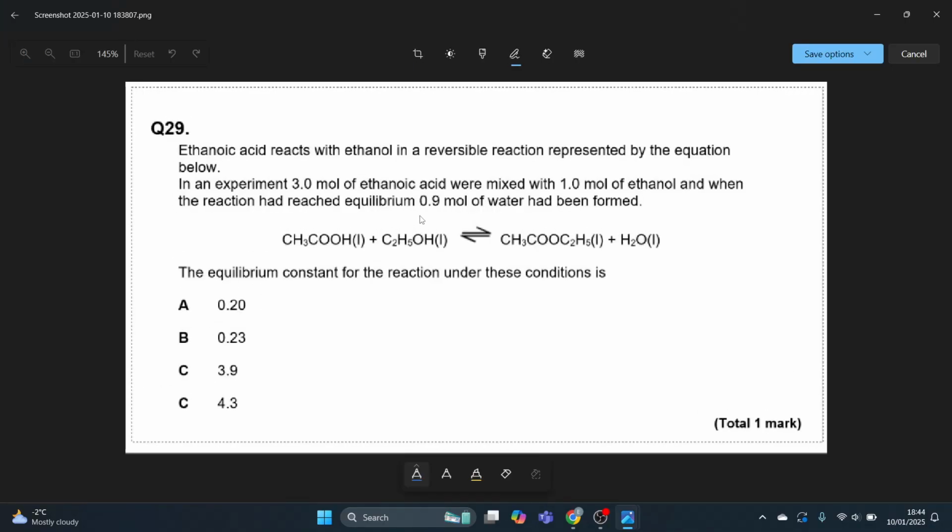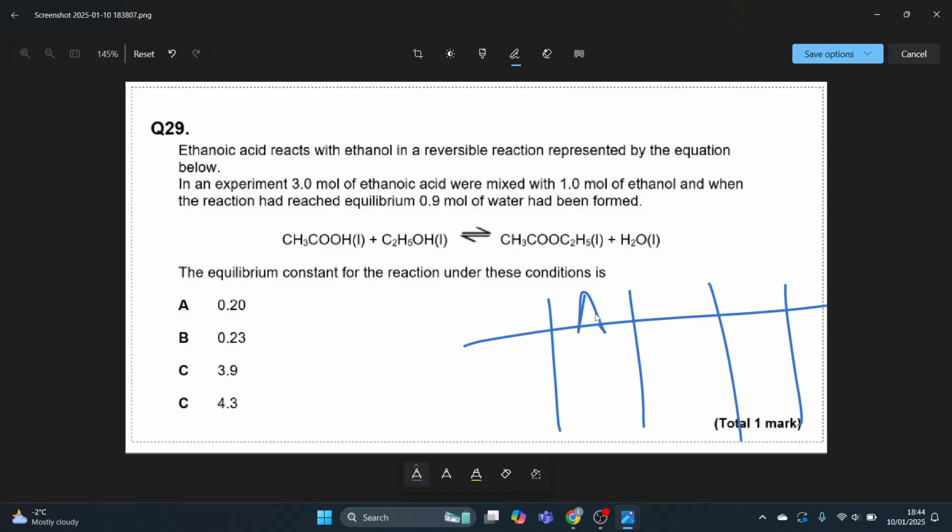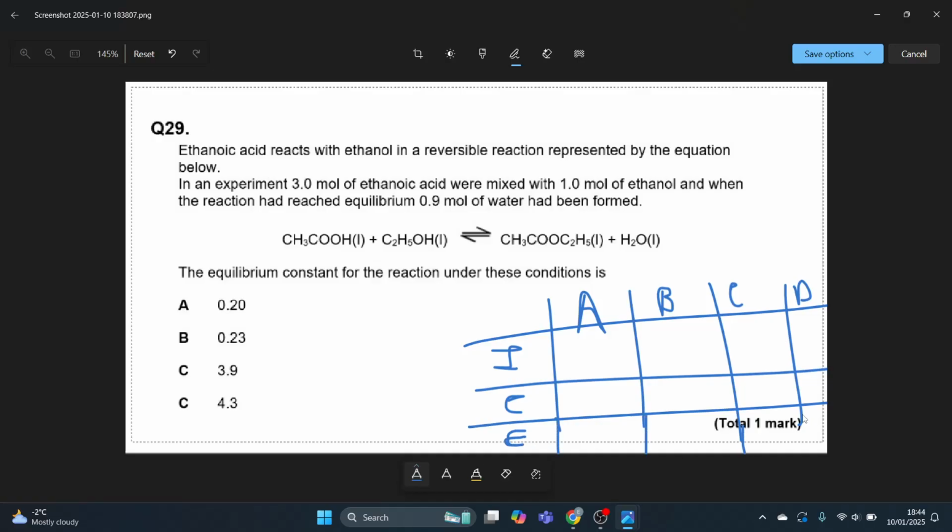Question 29. Okay, that should be pretty simple. Same thing again, really. A, B, C, and D, ICE.